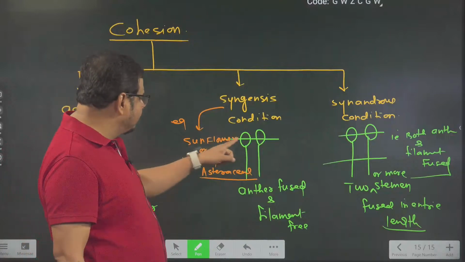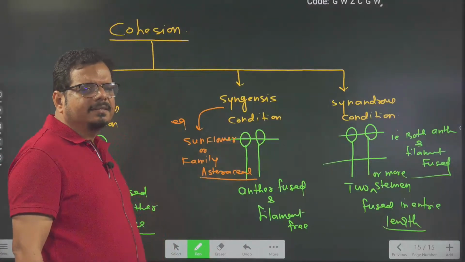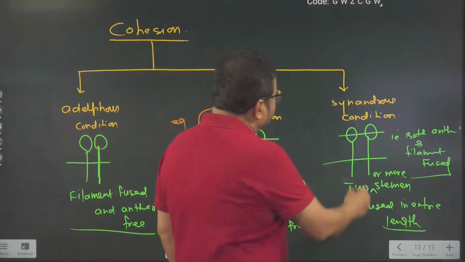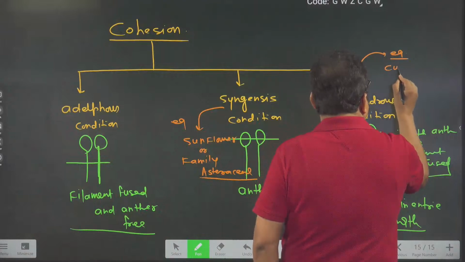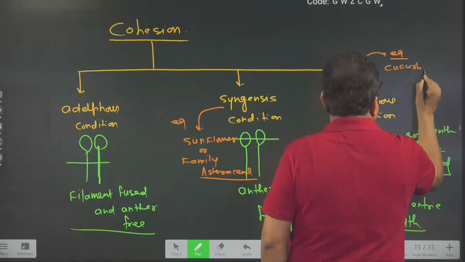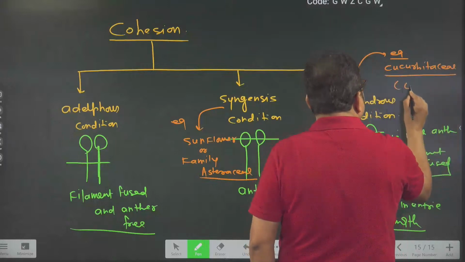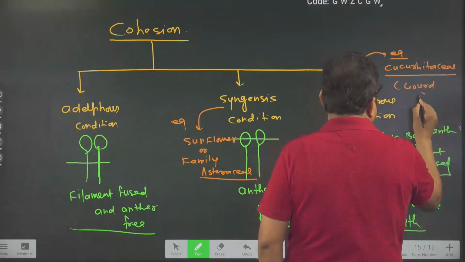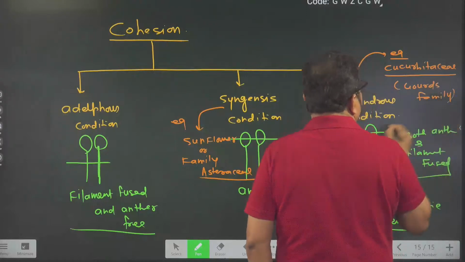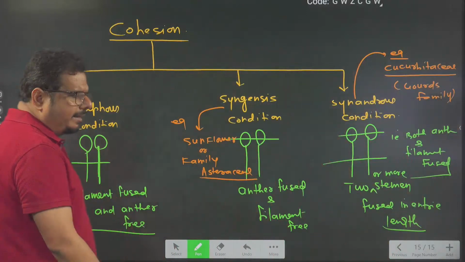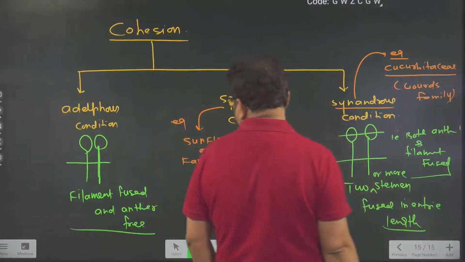Got the idea? Who is fused? Anthers are fused. Example of synandrous condition is Cucurbitaceae, called the gourd family. Gourds belong to this family: cucumber, watermelon. In these plants you will find synandrous condition.